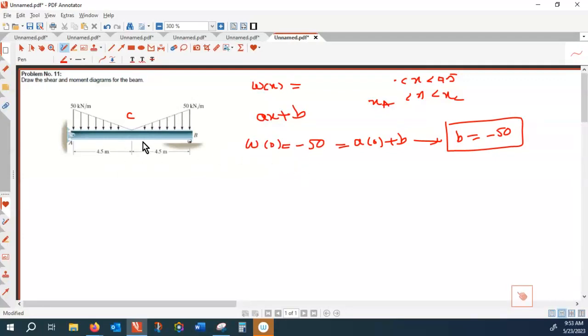That is x equal to 4.5. W of x is 0. W of 4.5 is equal to 0, right? That is A times 4.5 plus B, which is minus 50, and that is equal to 0. Therefore, A is 50 divided by 4.5.